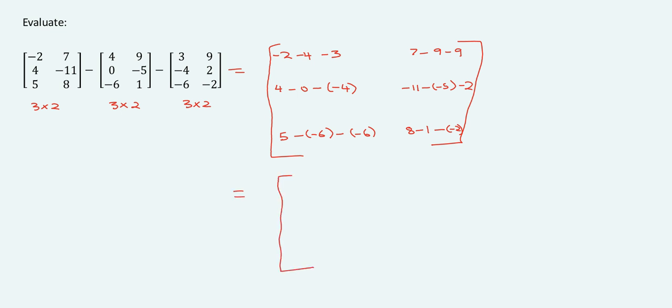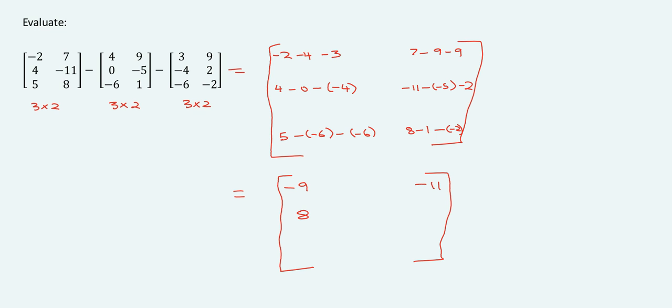So let's go ahead and simplify. Minus 2 minus 4, that's minus 6, minus 3, we have minus 9. 7 minus 9, minus 2 minus 9, minus 11. 4 minus 0, which is 4 minus 4, that gives us 8.